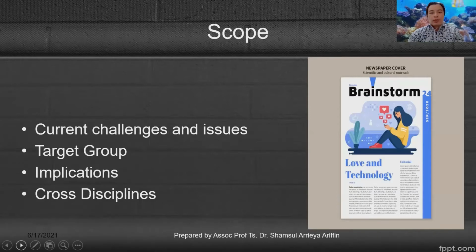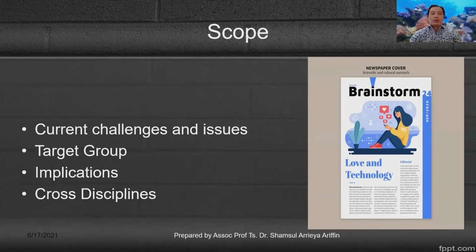So what is the scope here? The scope depends on you, what you want to choose. For example, love and technology. Maybe you can relate your opinion on how technology and love can be combined.